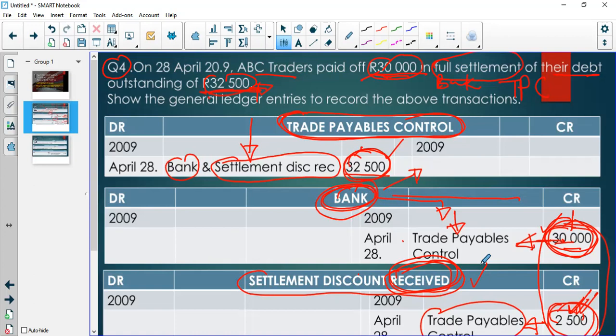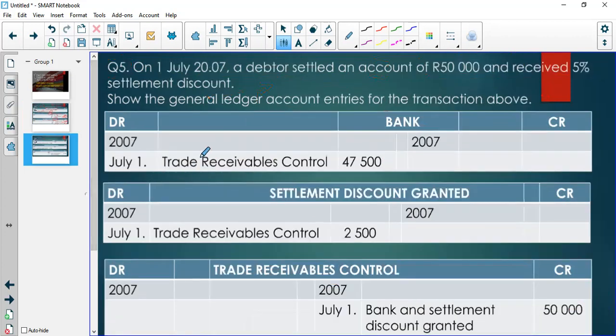So our customers pay us, and we grant them a discount. So it's now us who are granting them to say, okay, you can pay us less. So it's more like a loss that we make for giving them. So we were paying off our suppliers. It's settlement discount received. All right.